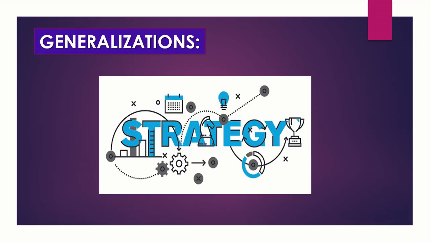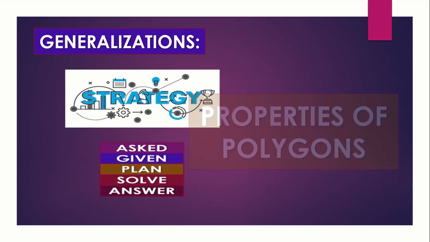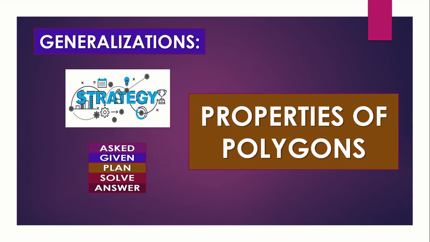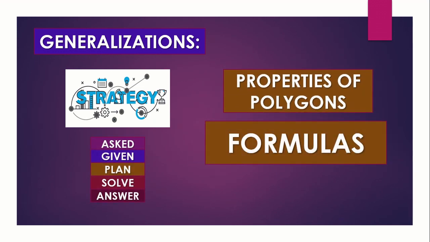Here are some generalizations for this lesson. To solve any word problem, consider having a strategy. The strategy that we have includes what is asked, given, plan, solve, and answer. Also, use properties and formulas to solve word problems that involve sides and angles of polygons.